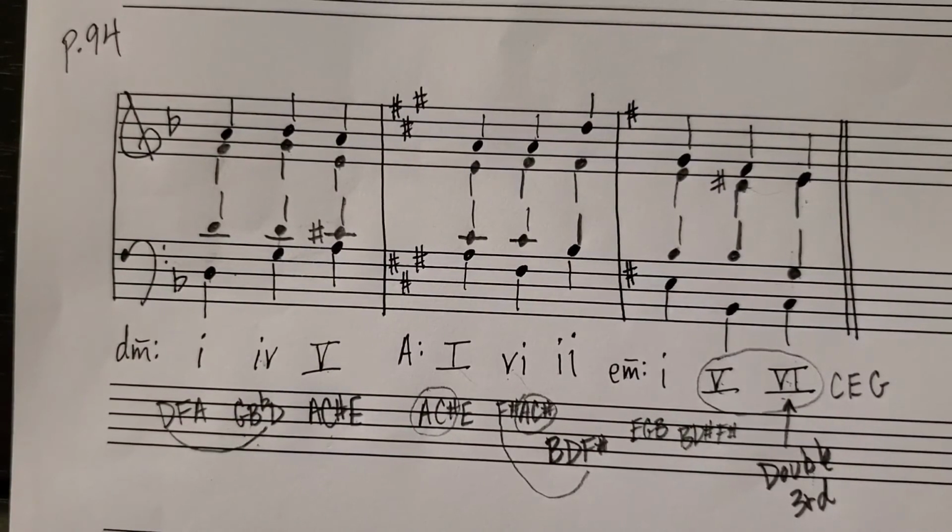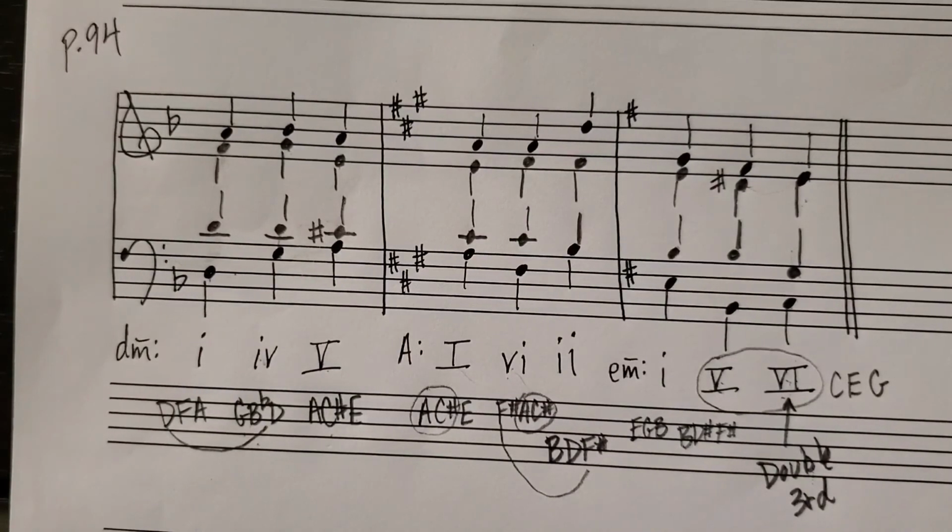Okay, the second one's in the key of A. This one doesn't have any second movements in it. It goes 1 to 6 to 2. So down a third, up a fourth. And the last one, E minor.